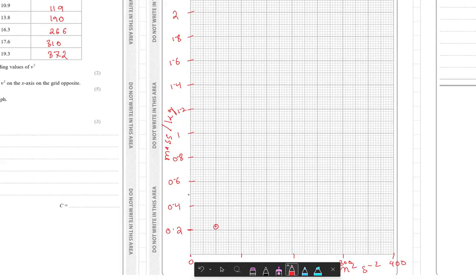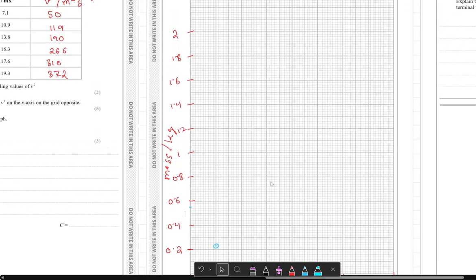Next, 0.55. So if this is 0.5, then 0.55 must be in the middle, over here. Actually, let me use a different color so that it's easier for you guys. So if this is 0.5, then 0.55 must be in the middle.